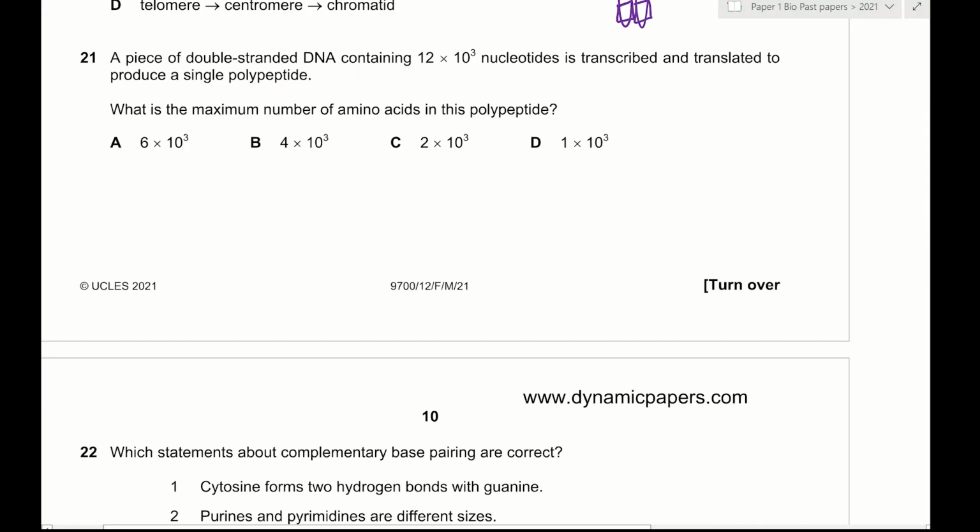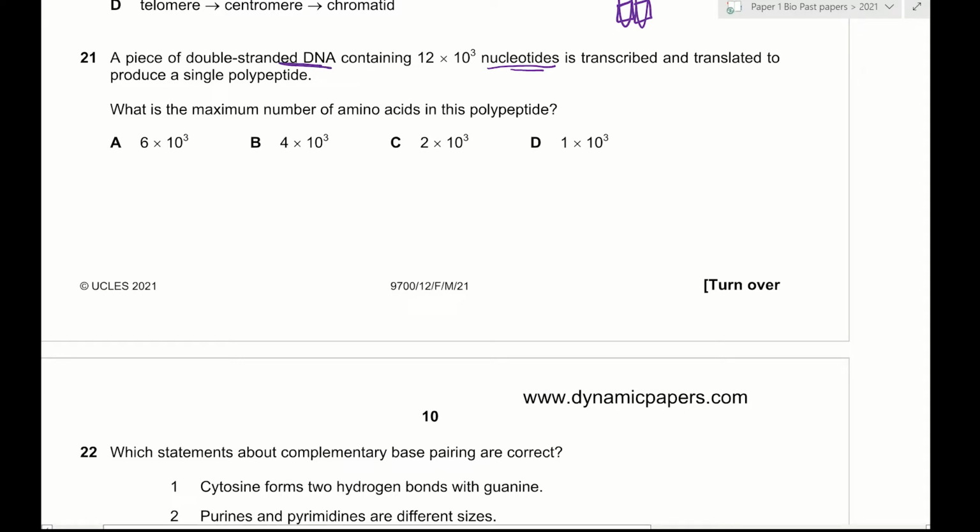A piece of double-stranded DNA containing 12 times 10 to the power of 3 nucleotides is transcribed and translated to produce a single polypeptide. What is the maximum number of amino acids in this polypeptide? Here it's saying a piece of double-stranded DNA.